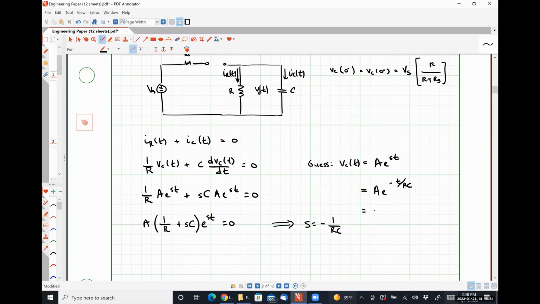And so finally, we would have Vc at 0 plus times e to the -t divided by RC as the response of our capacitor voltage for all t greater than 0 plus.